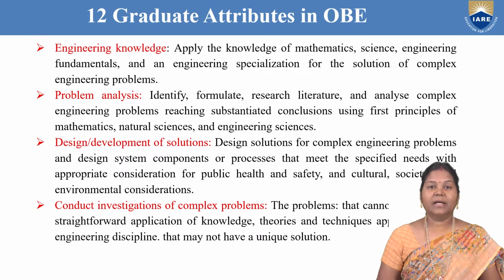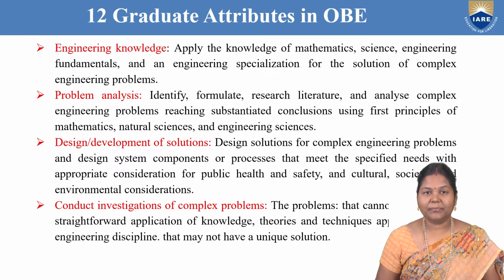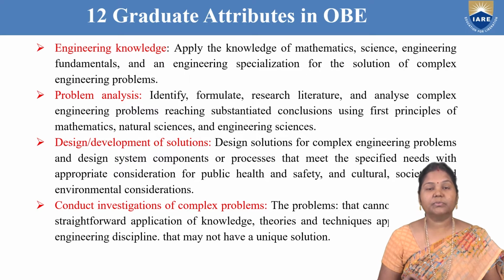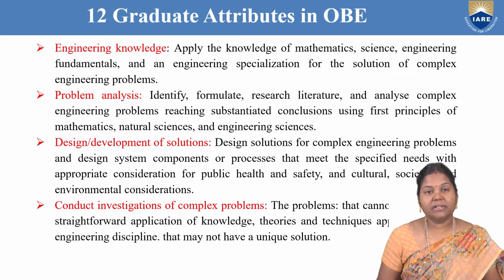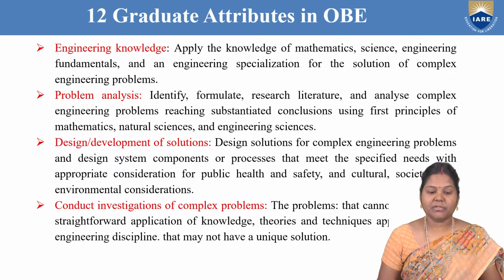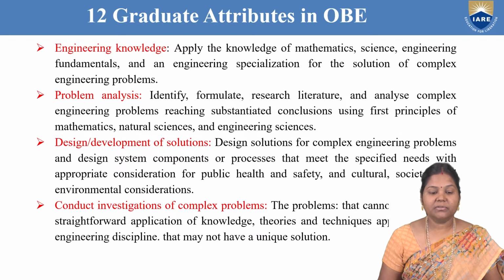The second one is called problem analysis. In this level, the students should identify, formulate and study research literature and analyze complex engineering problems, reaching substantiated conclusions using the first principles of mathematics, natural sciences and engineering sciences. This particular graduate attribute is dependent on the first one.